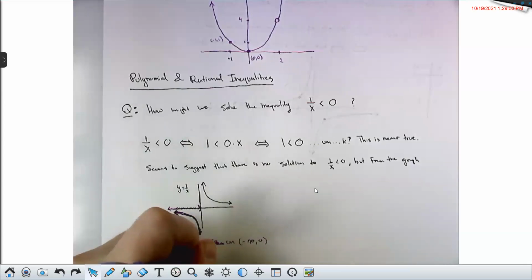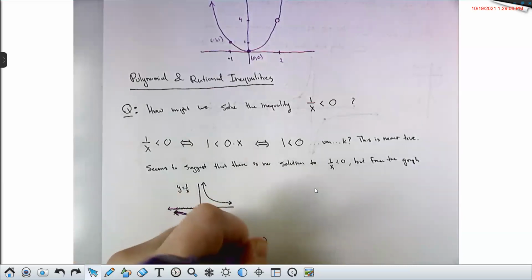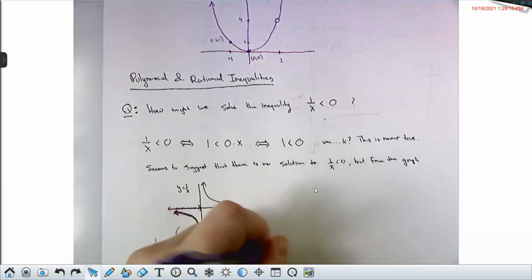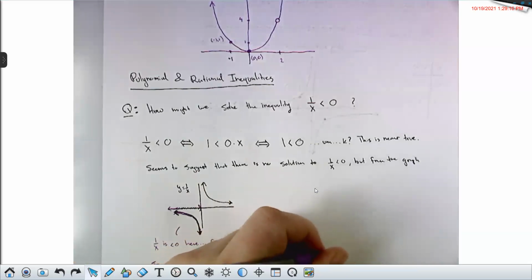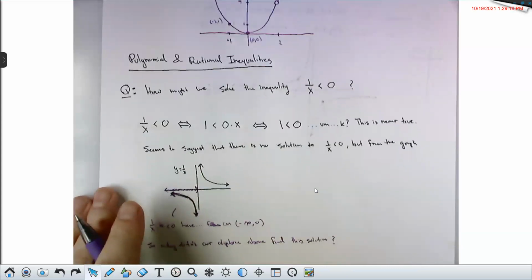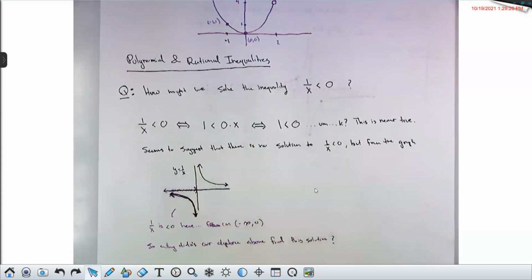Why didn't our algebra above find this solution? What's wrong with the steps right underneath the question, that we got 1 is less than 0, which definitely is not a true statement and has no solution, from 1 over x is less than 0, which by the graph definitely does have a solution?